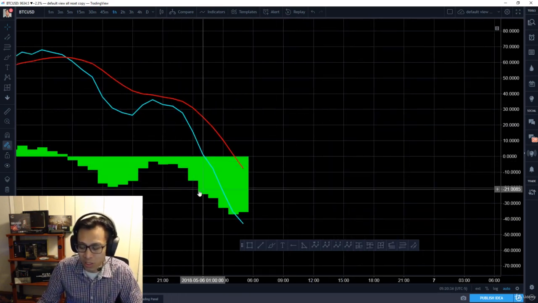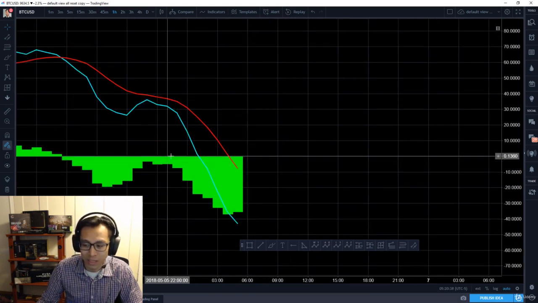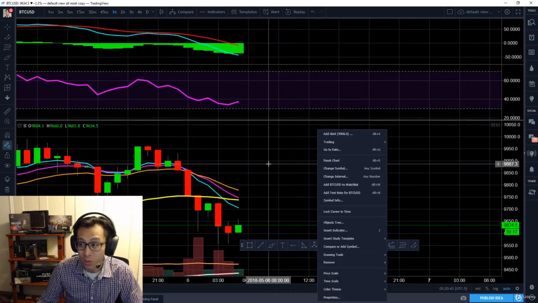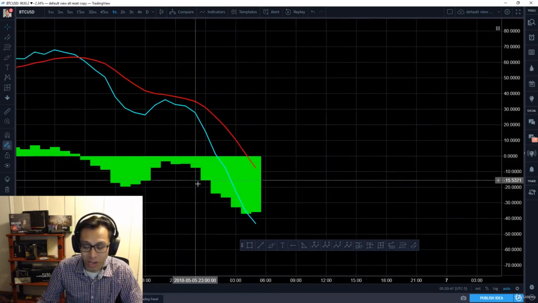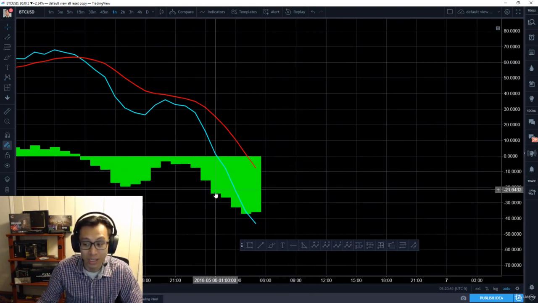If you guys see this right here, right? So just imagine for a moment, this histogram dictates how much and where it's actually moving. So if you see this right here on the negative side, then clearly what we're seeing is that it's going down, right?